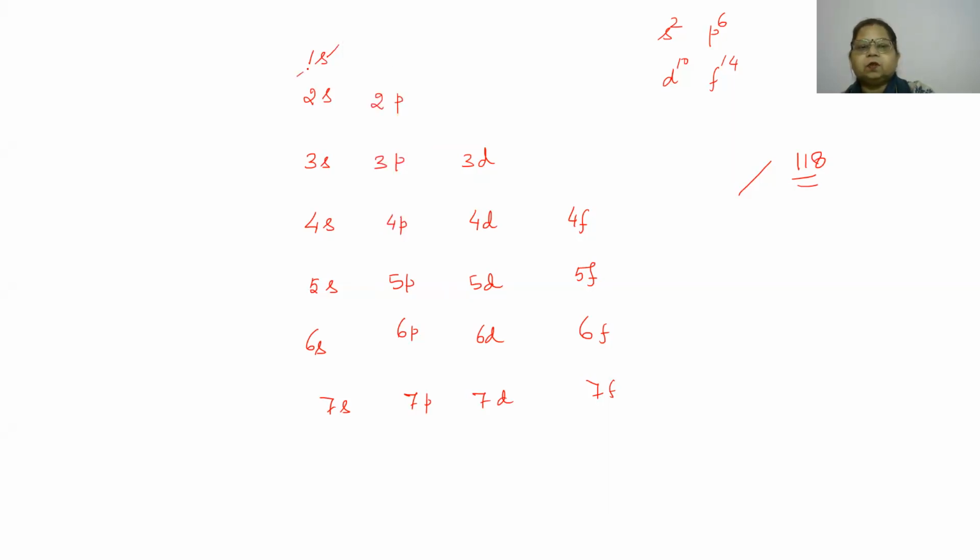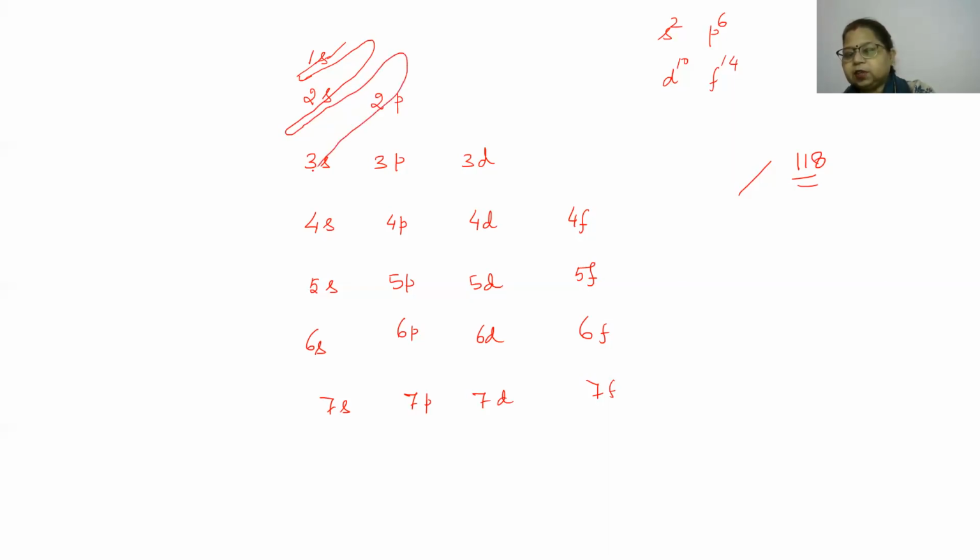This line will be cutting 1s. Then I will draw a line which will go upwards, and this line should not cut anyone. Then when it is going down, it will cut 2s. While it is going up, it will not cut anything.